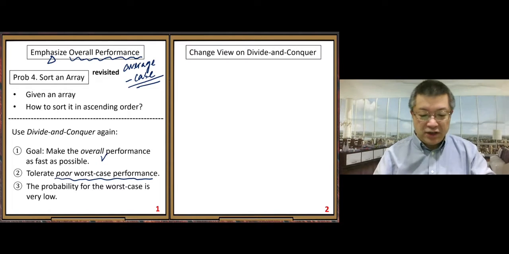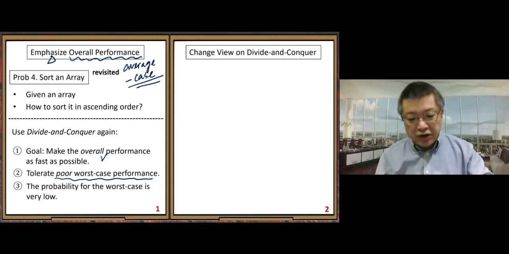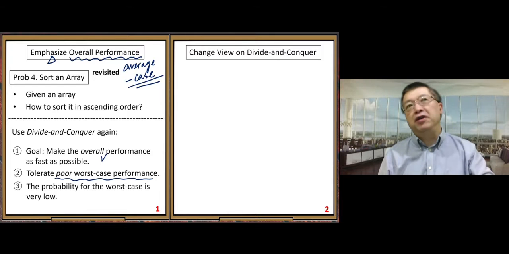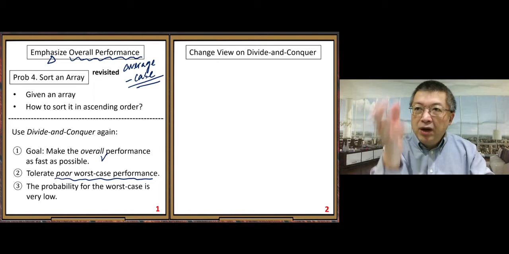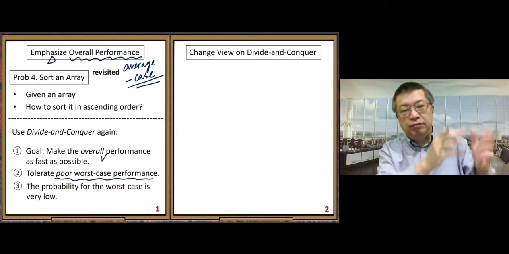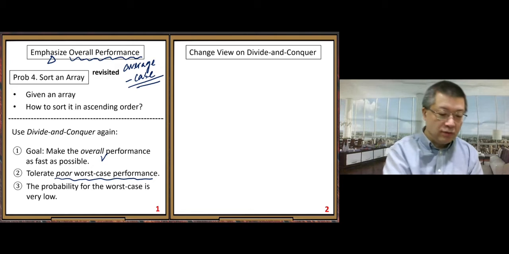All right, let's continue our investigation. Change view on divide and conquer. We can take different views. Every time we try to develop a new sorting algorithm, we change our view on the same problem.